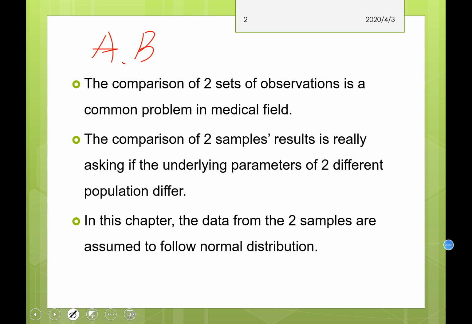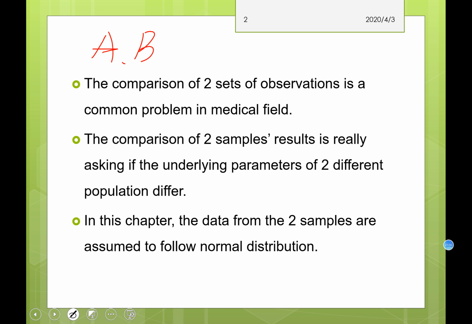But which one is the population? We have mentioned that population is so big, so large, so most of the time we can know nothing about the population.